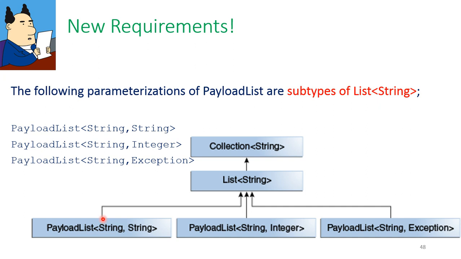This is what we covered in our second example. So you can see that PayloadList of String and whatever is considered a subclass of List of String, which is itself a subclass of Collection of String, like we saw a few slides ago.